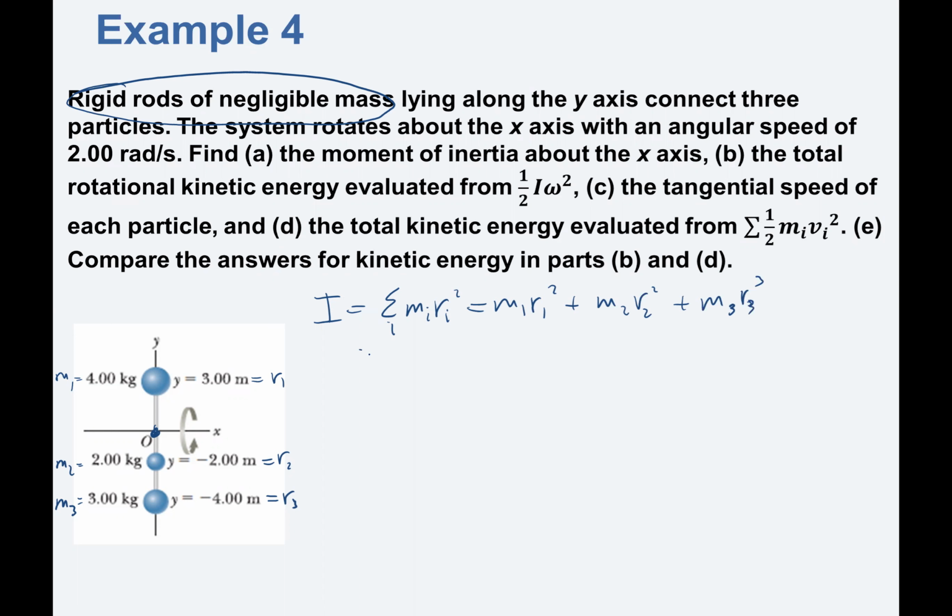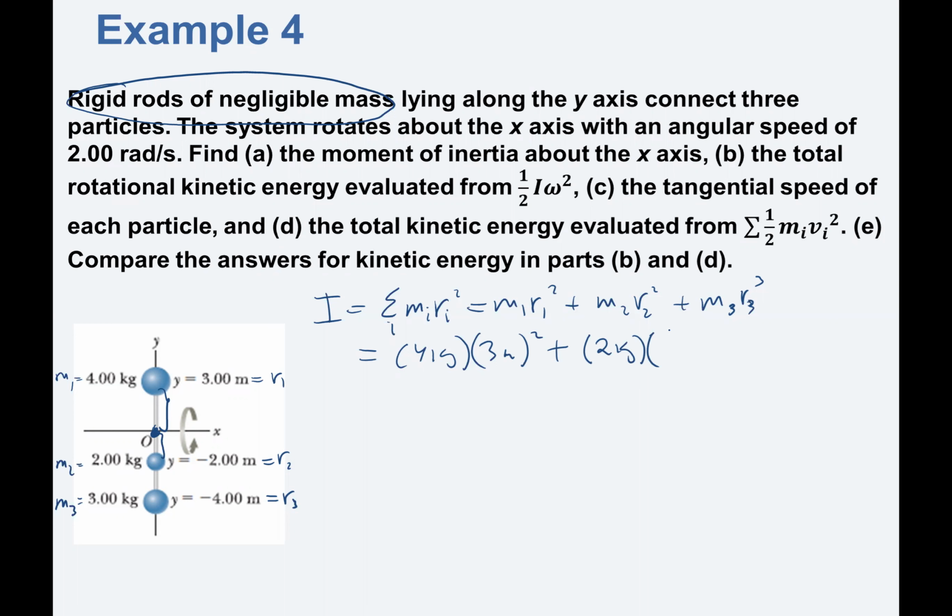So M1 here is 4 kilograms times its position squared. Now position is relative to the center or the axis of rotation, which is in this case the center here. So this is my R1, and this is just 3 meters from the axis of rotation, and you square that. Plus mass 2, that's 2 kilograms times its position, which is 2 meters.